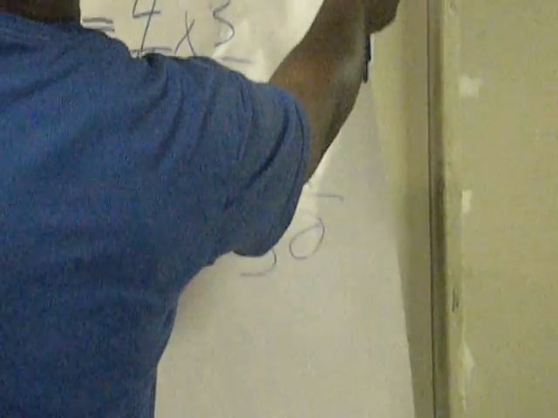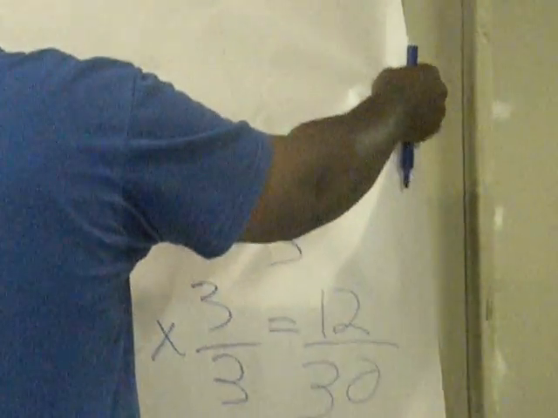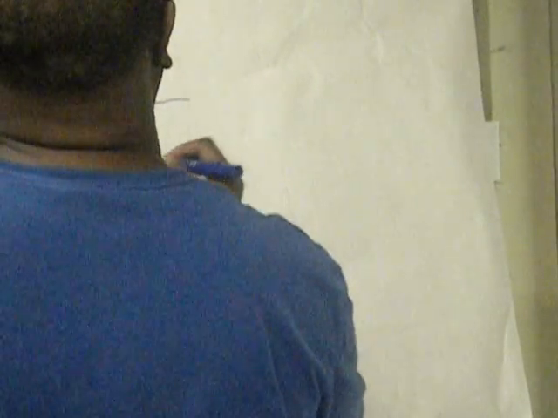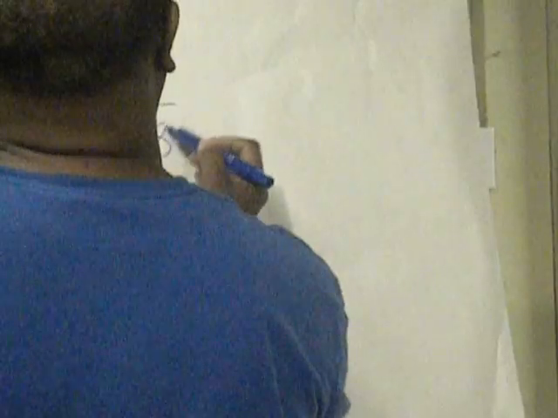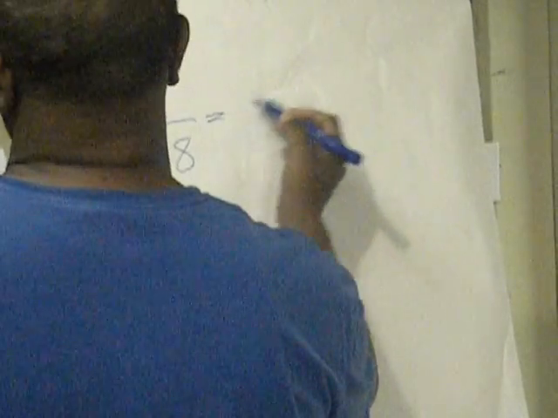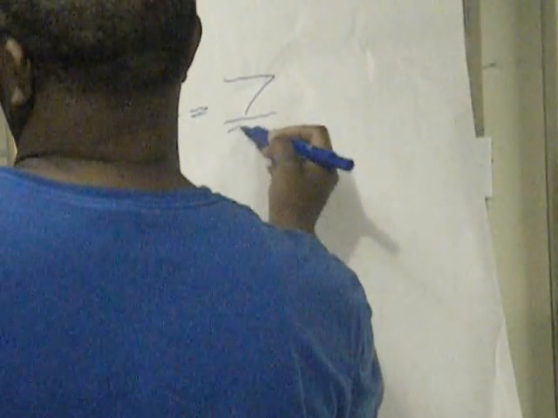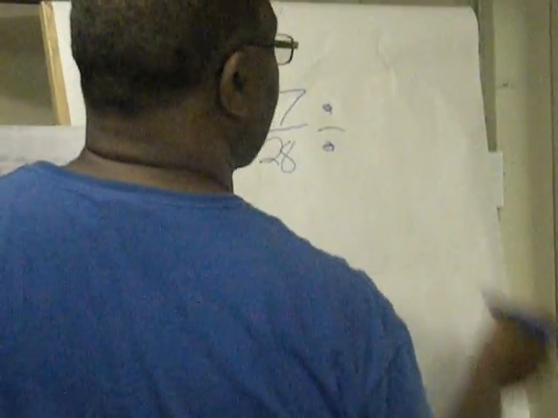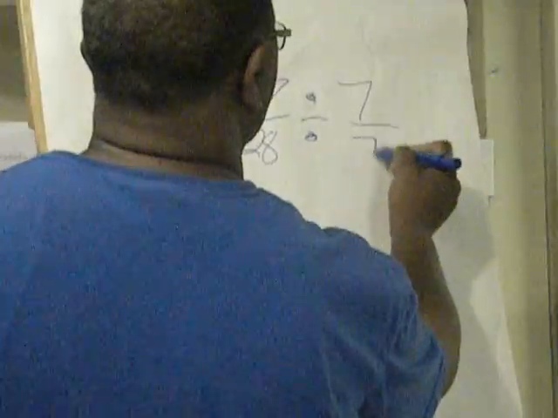And another way we can make an equivalent fraction, we can try using division. Using the same format, we'll say 7 over 28 equals 7 over 28 divided by 7 over 7.